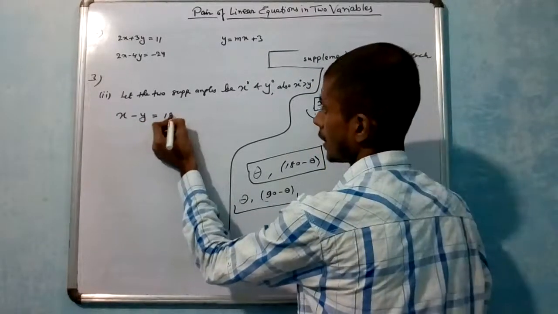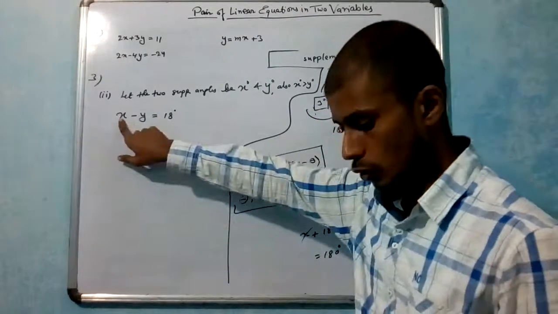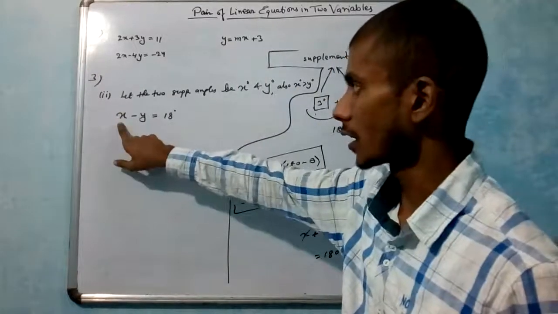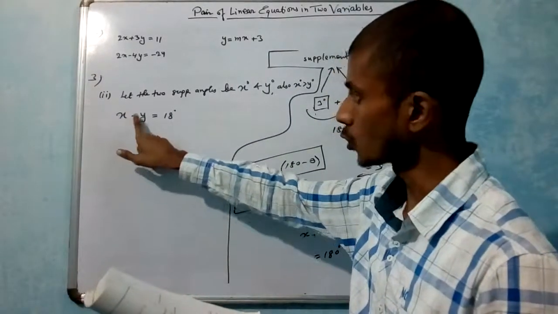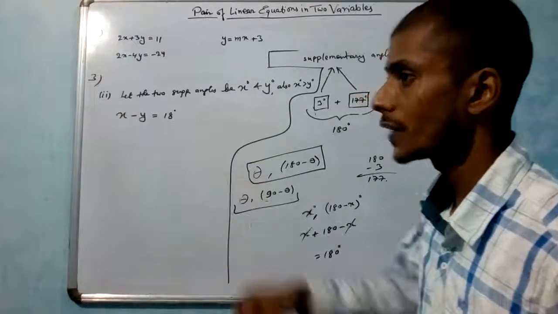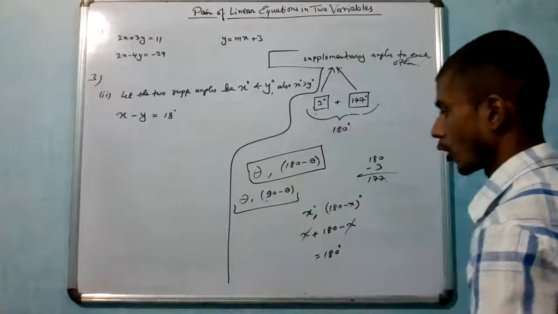By 18 degrees. Understand the language here. What it is telling: the larger of the two supplementary angles, we have assumed x is the greater one, that's why this is the larger one right now. So the larger of the two supplementary angles exceeds the smaller.